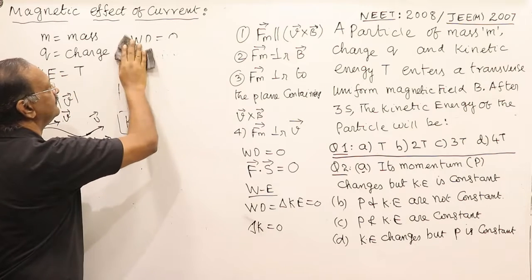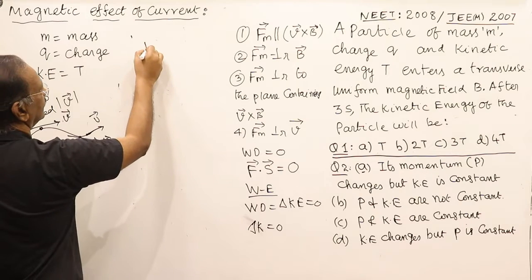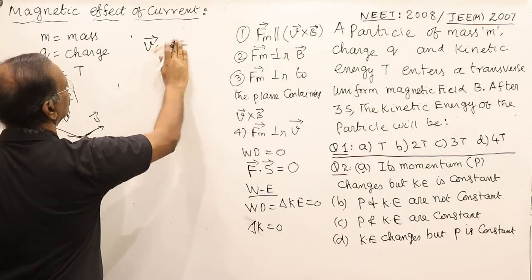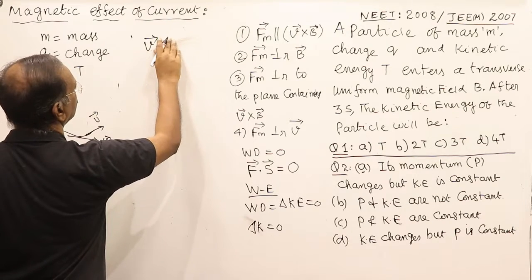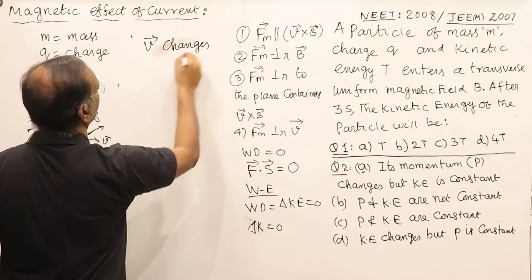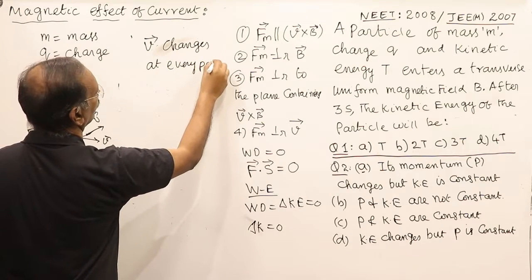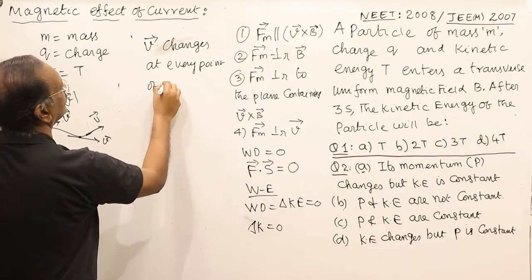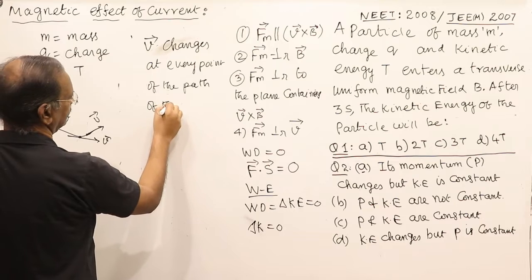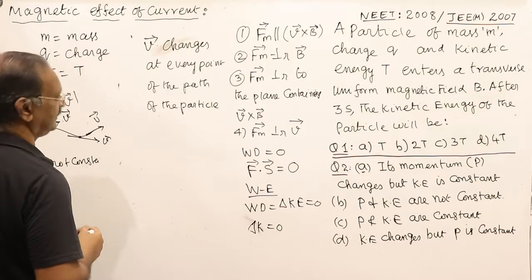Velocity is a vector, and it changes at every point of the path of the particle.